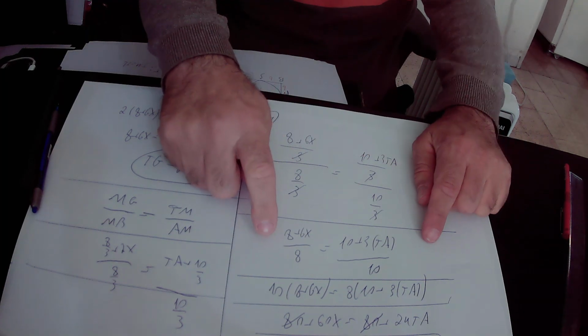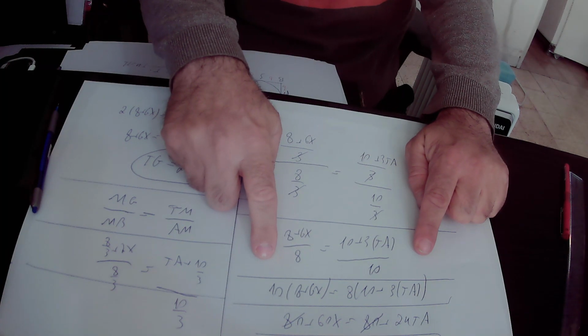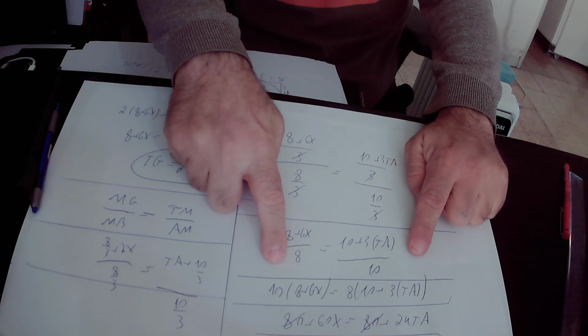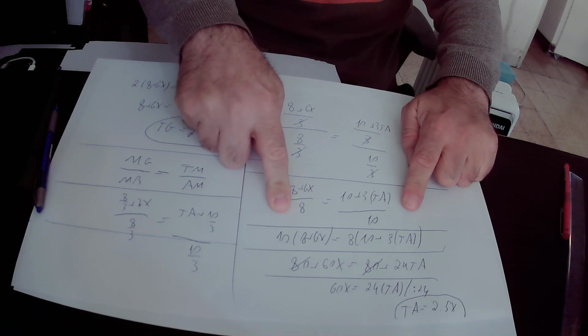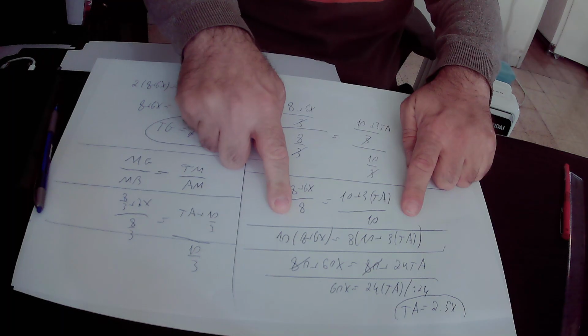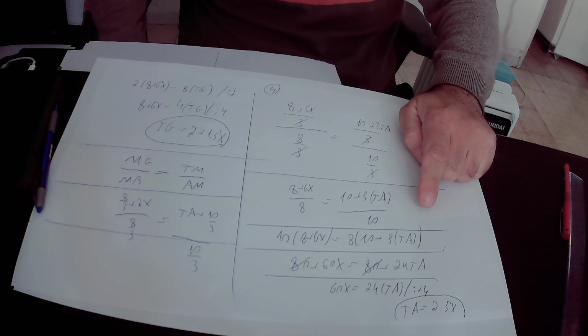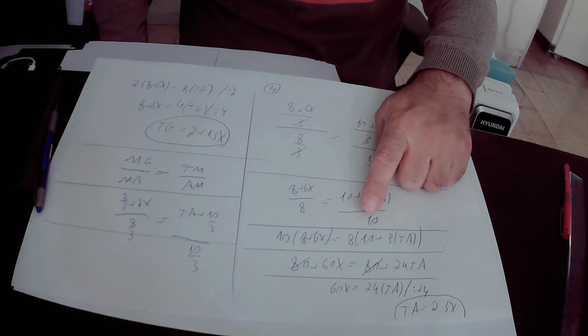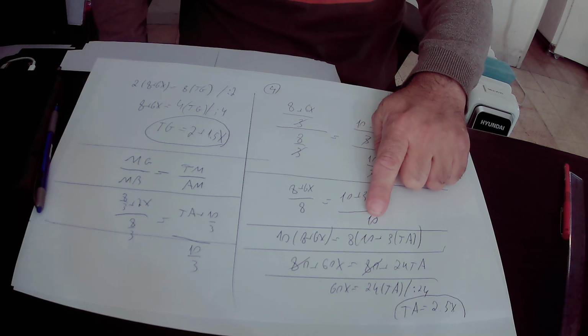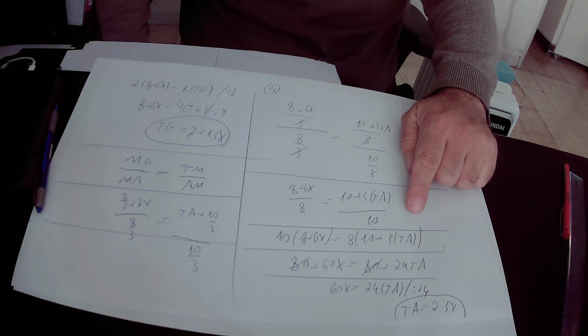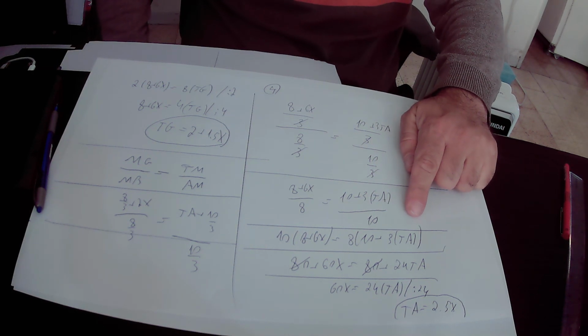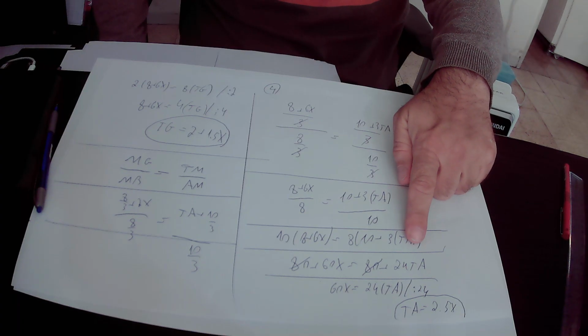Here of course we multiply this equation, and finally found that 10 times (8 plus 6x) equals 8 times (10 plus 3TA). We open the brackets on both sides of the equation and found that 8 times 10 is 80 plus 8 times 6x is 60x. It is equal to 8 times 10 is 80 plus 8 times 3TA is 24TA.